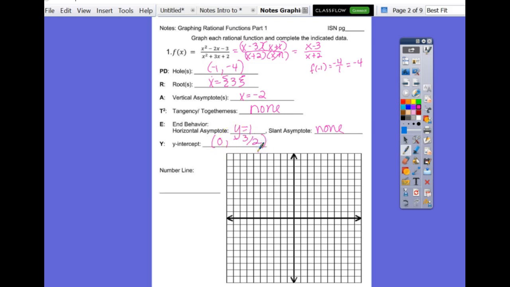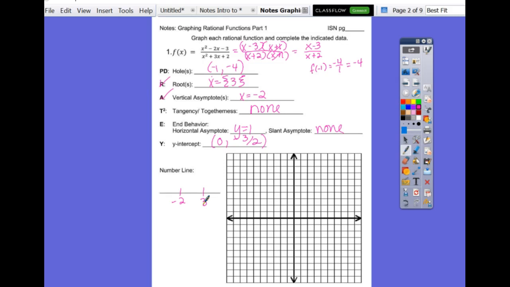So on the number line, it's always our roots. The roots always go on the number line, the roots and the asymptote. So I'm going to have -2 and 3. So once I put those on the number line, since I have no tangency and togetherness, they're going to alternate, right? So I'm going to test the first one, and let's make sure we get it right so the rest of them are correct.